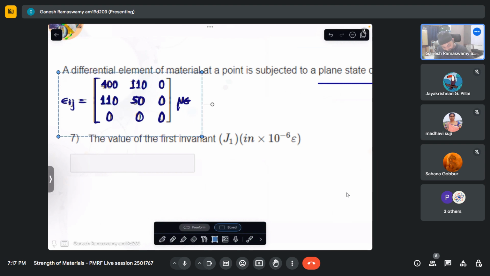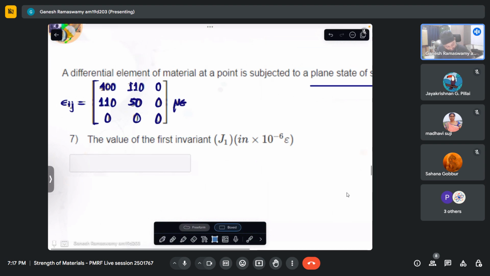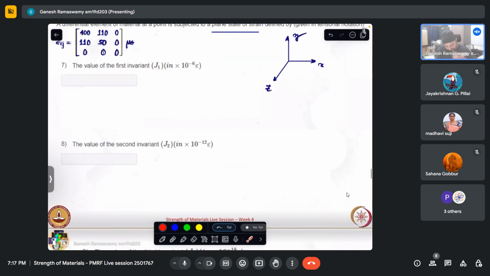Now one thing we must quickly recognize is this is a strain tensor. So 110 is not gamma xy, it is gamma xy by 2. I hope that is clear as we have discussed. So the value of the first invariant, the second invariant, the third invariant is asked.